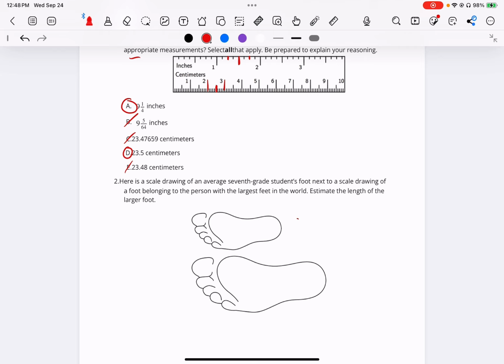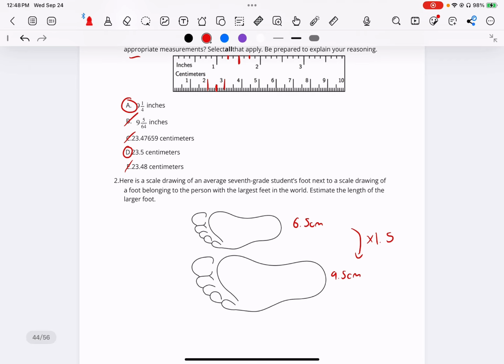When I measure the shorter foot, that's about 6.5 centimeters. And this longer foot, that's about 9.5 centimeters. So I determine that my scale factor here is about 1.5 times. So the largest foot is 1.5 times longer than the 7th grader's foot.